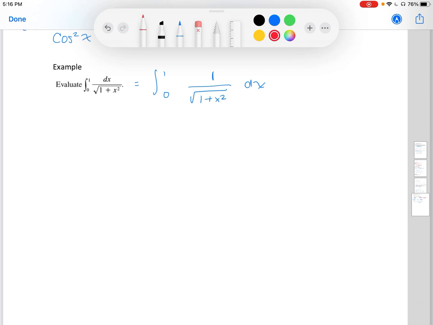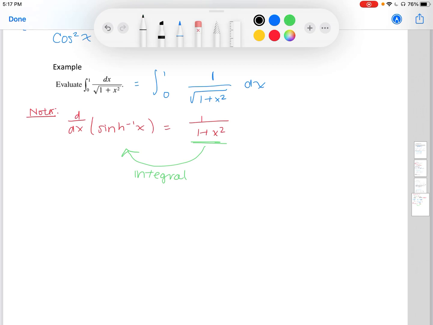So from our notes, we have that d dx of sinh inverse of x is the same as 1 over the square root of 1 plus x squared, right? So if we're trying to find the integral, you can just go ahead and work backwards. Don't forget that your derivatives and your integrals are like opposites.